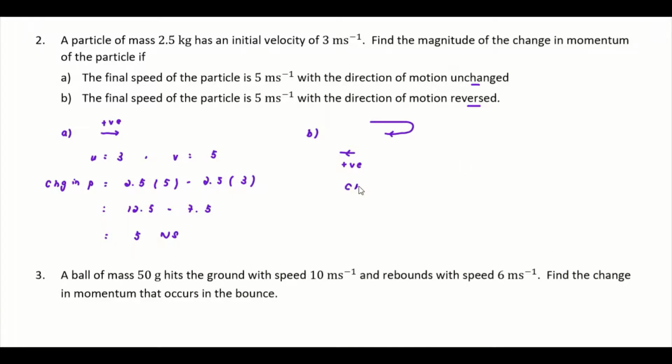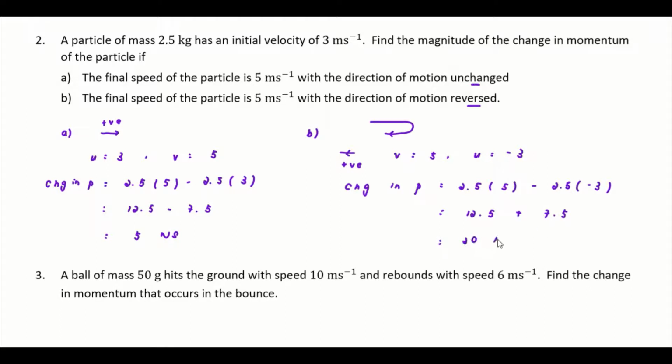So the change in momentum will be equal to, the final velocity, if we take this part as positive, our final velocity will be positive, right? Then the initial velocity is moving towards the other direction, so that is negative 3. So 2.5 times 5, use the final momentum to minus off the initial momentum. From here we get 12.5 plus 7.5, which is 20 newton seconds.